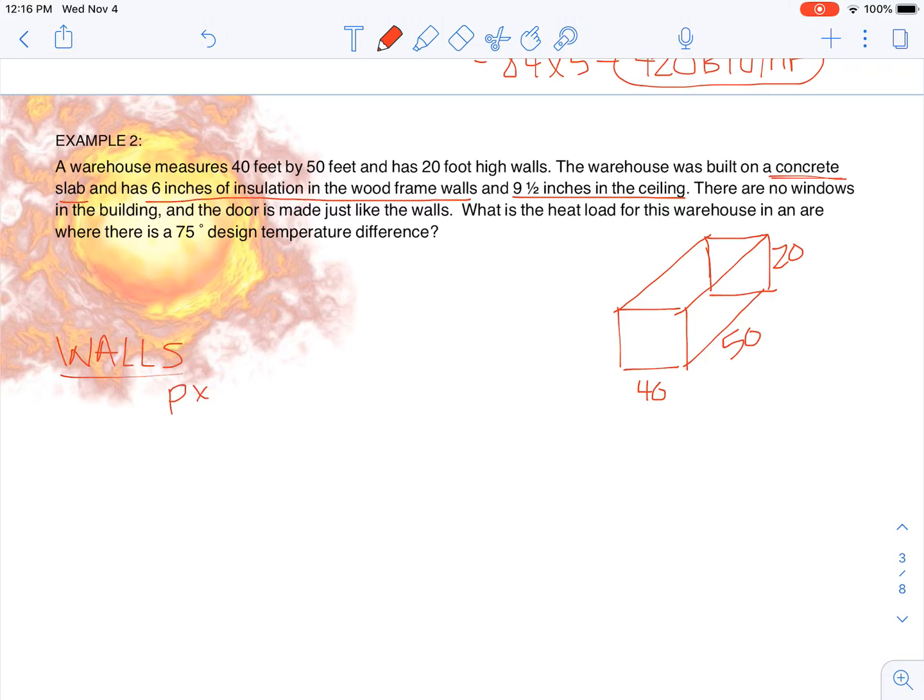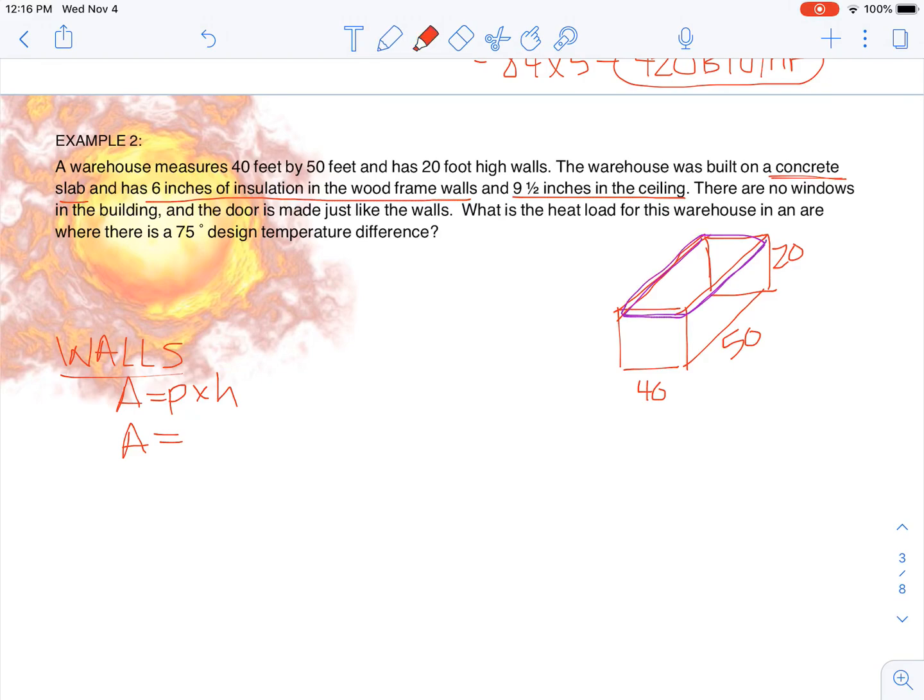The perimeter times the height will get you the same thing. So the area of our walls, the perimeter would be around the top or bottom of the warehouse.